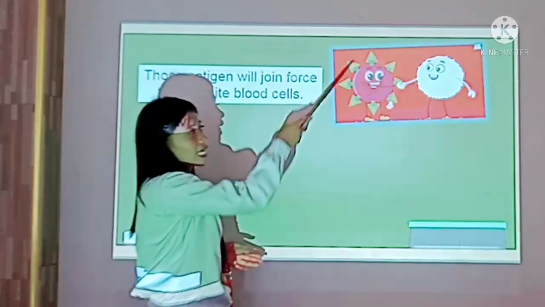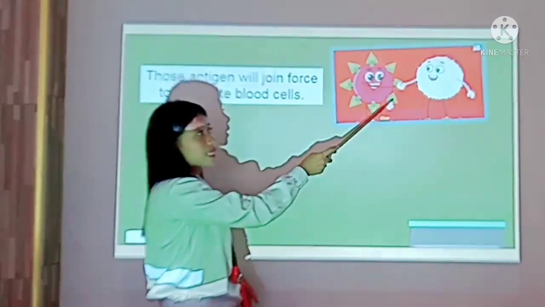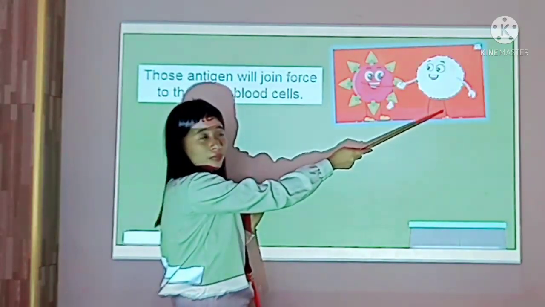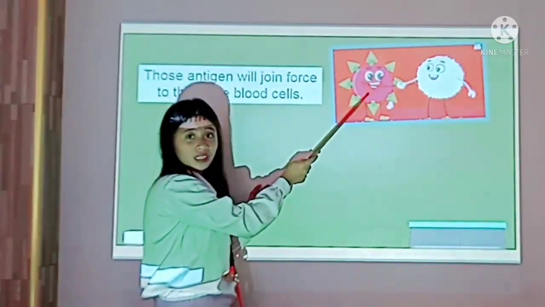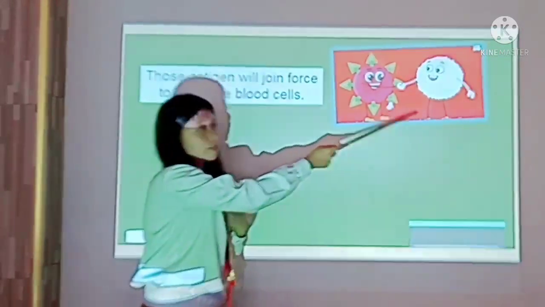As you can see, these are the antigens present in our blood, and here, this is our white blood cells, wherein this antigen that we have in our blood will join forces with these white blood cells.